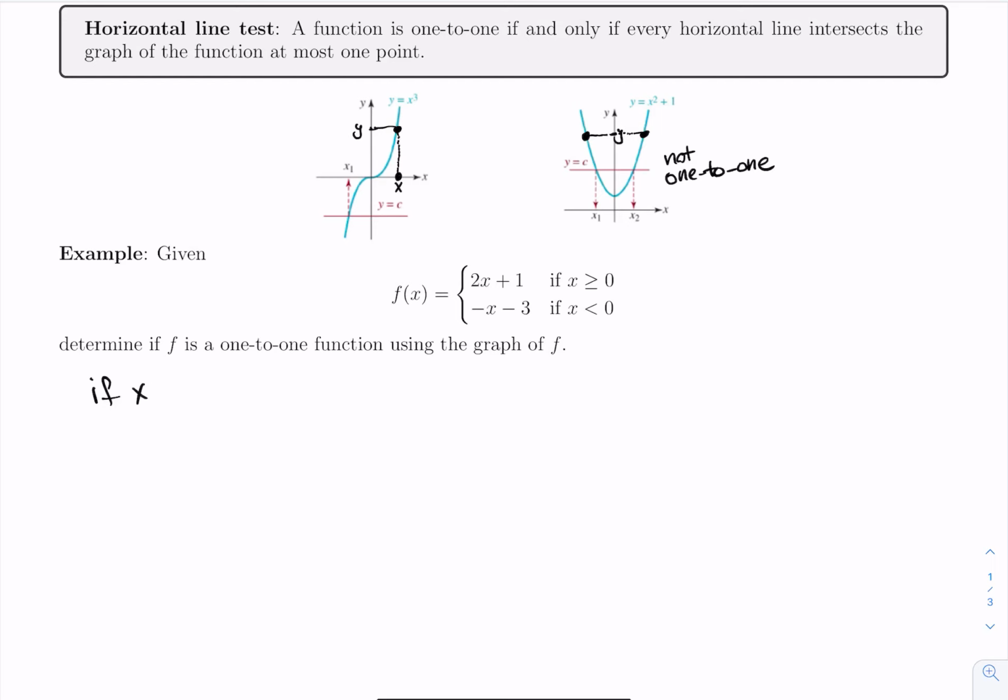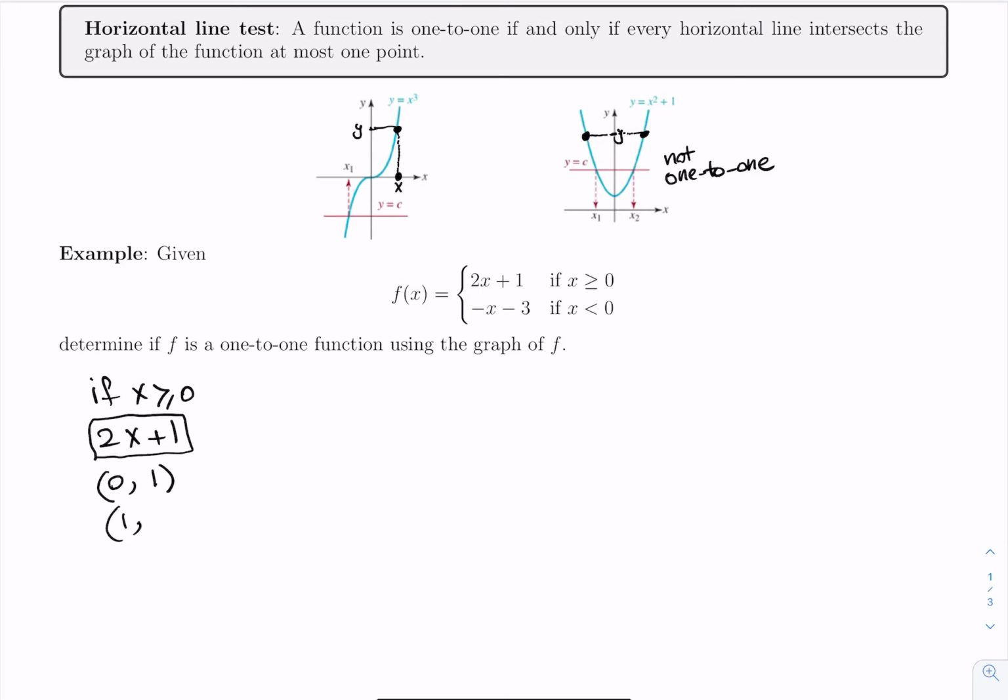So if x is greater than or equal to 0, we are using 2x plus 1. I could use 2 points in order to sketch the graph of this line 2x plus 1. I need to choose the x values which are greater than or equal to 0. So how about 0? 2 times 0 plus 1 is 1.